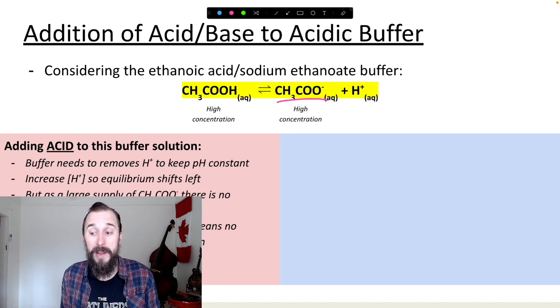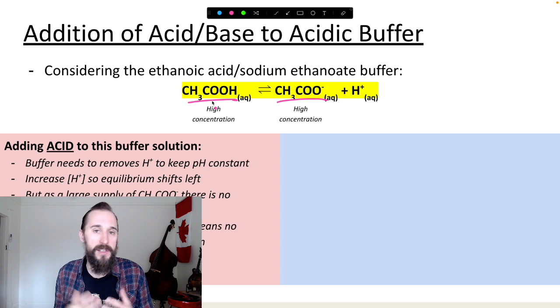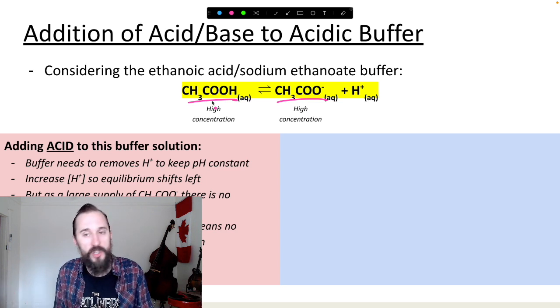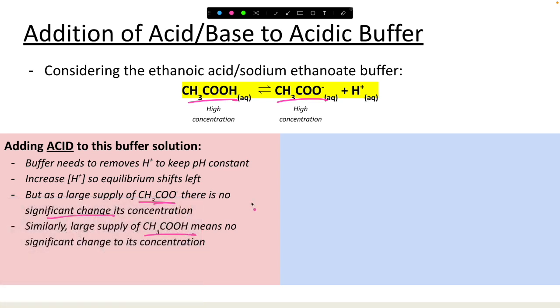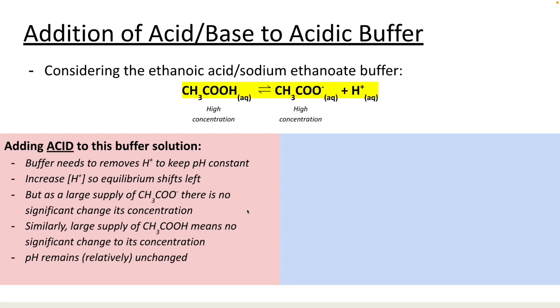We have a relatively large concentration of our weak acid as well. So relatively speaking, these concentrations remain pretty much unchanged, but what we have done is we've removed the hydrogen ions from the solution, which allows us to keep the pH constant.